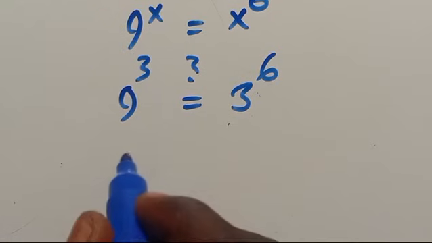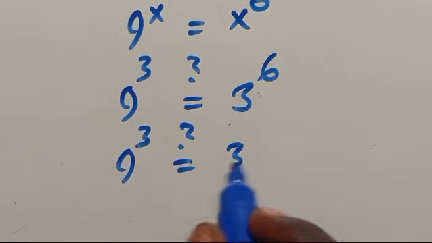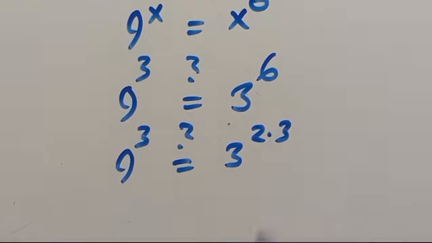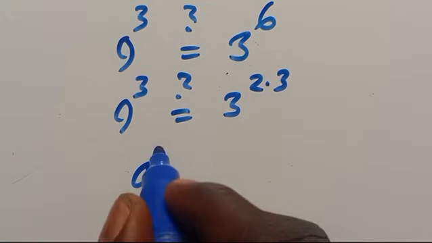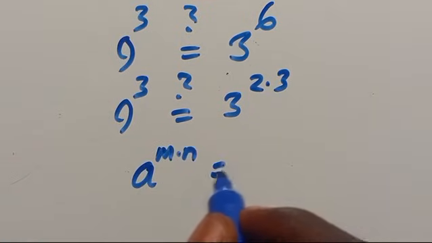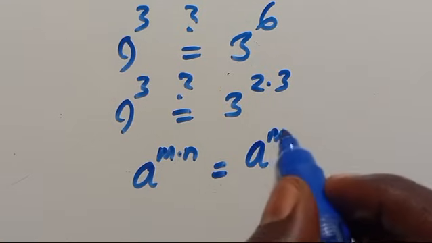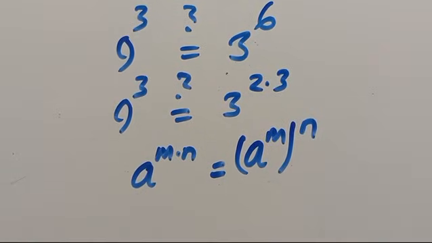Then 6, we can have it as the product of 2 times 3. Then when we have a to the power of m times n, from the law of indices, we can have this as a to the power of m in parentheses to the power of n.